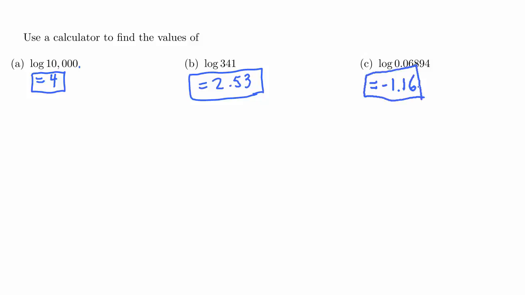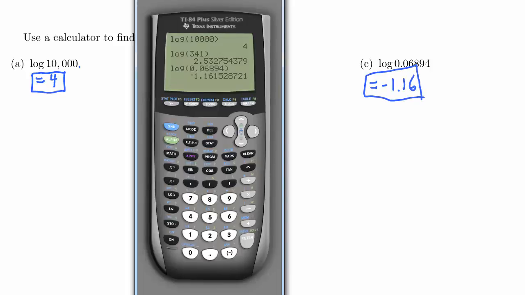Now notice that I am rounding to 2 decimal places here. If I had rounded to 4 decimal places, it would have been negative 1.1615. Or if I had rounded to 3 decimal places, it would have been negative 1.162.